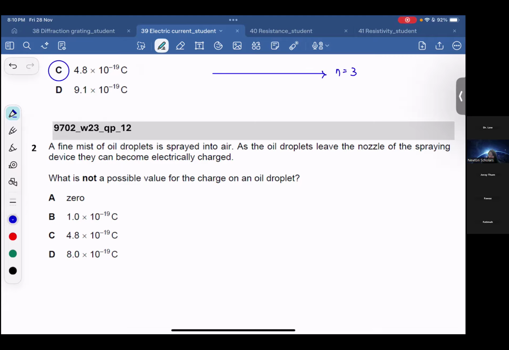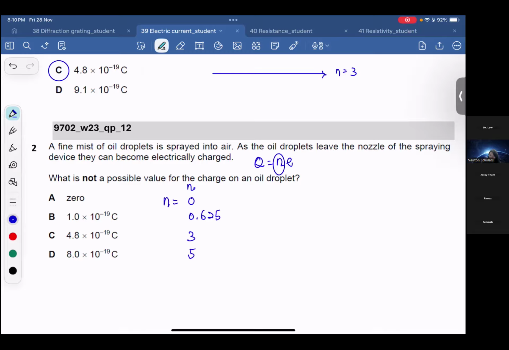How about the others? So again, you have to calculate your N. If Q equals to NE, you calculate your N. The N here, if not mistaken, is 0.625, N equals to 3, N equals to 5.